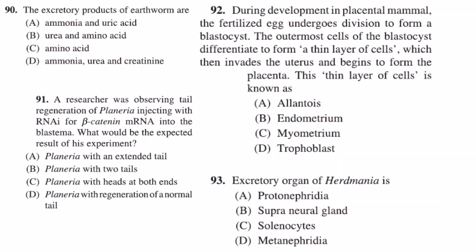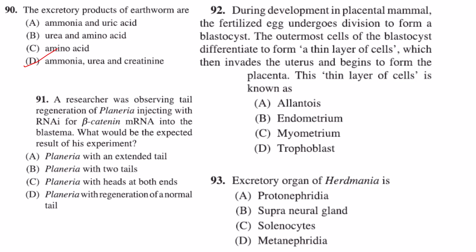Then the next one. The excretory products of earthworm are... So ammonia, urea and creatinine. The answer is option D. Then the next one. A researcher was observing tail regeneration of planaria, injecting RNAi for beta-catenin mRNA into the blastema.